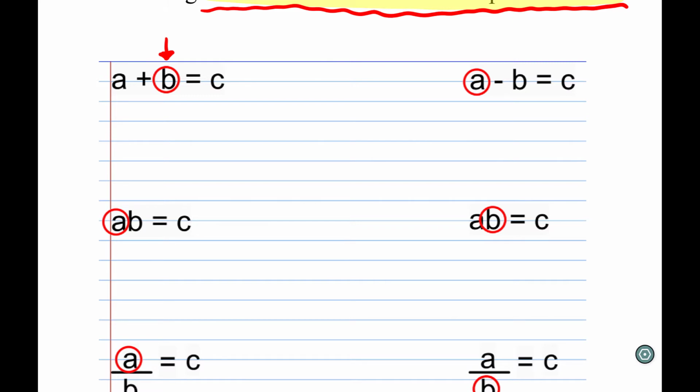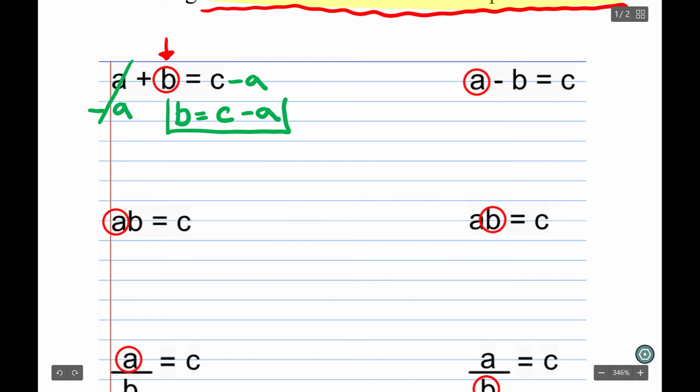It's being added to b, so the opposite of adding is subtracting. Whatever you do to one side of the equation, you have to do to the other. So I subtract a from this side, and that cancels the a out. So b equals c minus a in order to solve for b.